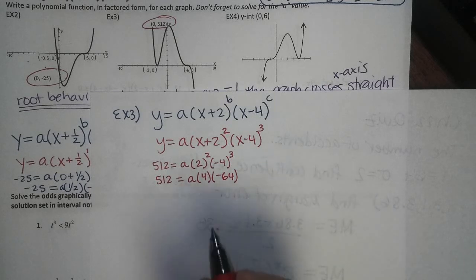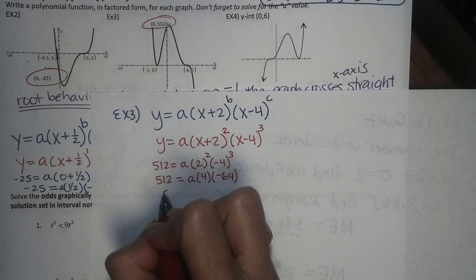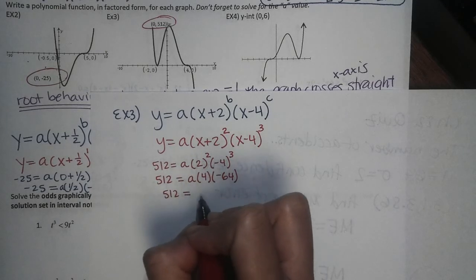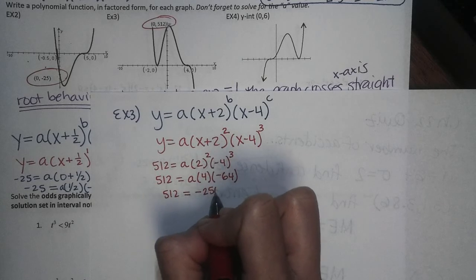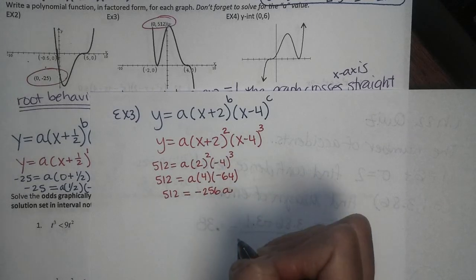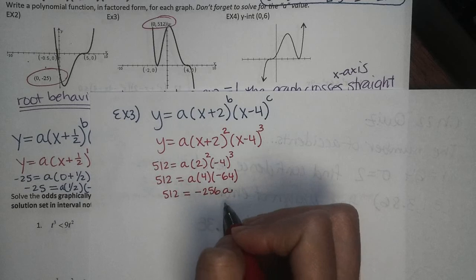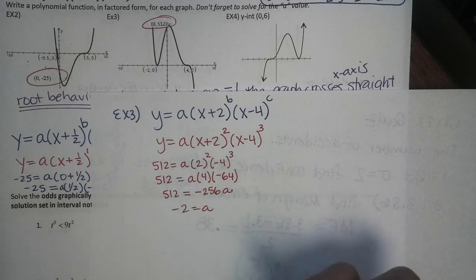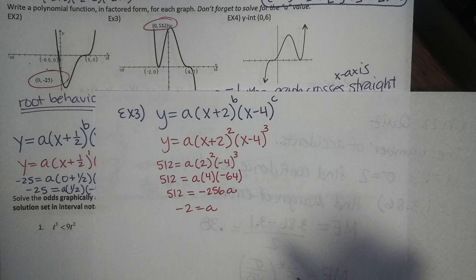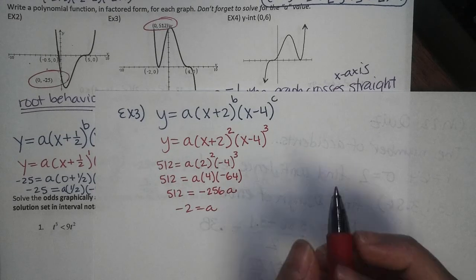And then 512 equals negative 256a. So divide. Negative 2 equals a. So now you have your answer. a equals negative 2, b equals 2, c equals 3.